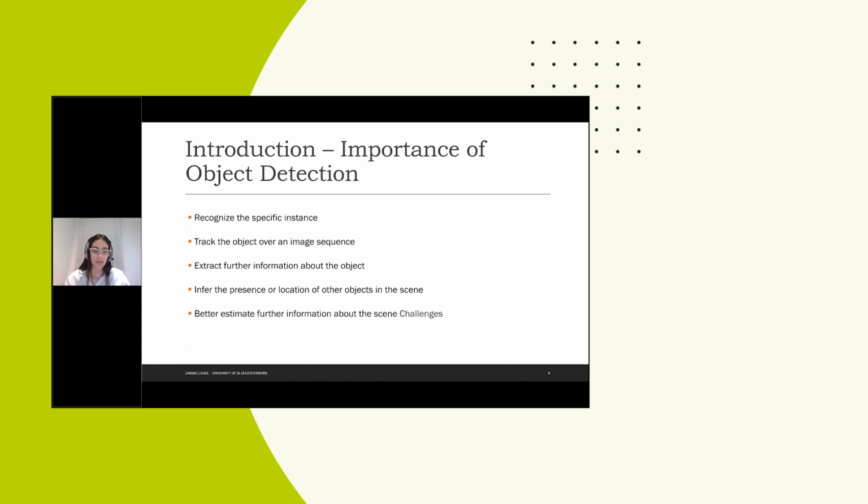And second, better estimating further information about the scene, for example, the type of the scene, is it indoor or outdoor, among other contextual information. So it's really interesting how object detection is a challenging task, especially in relation to AI-based models.